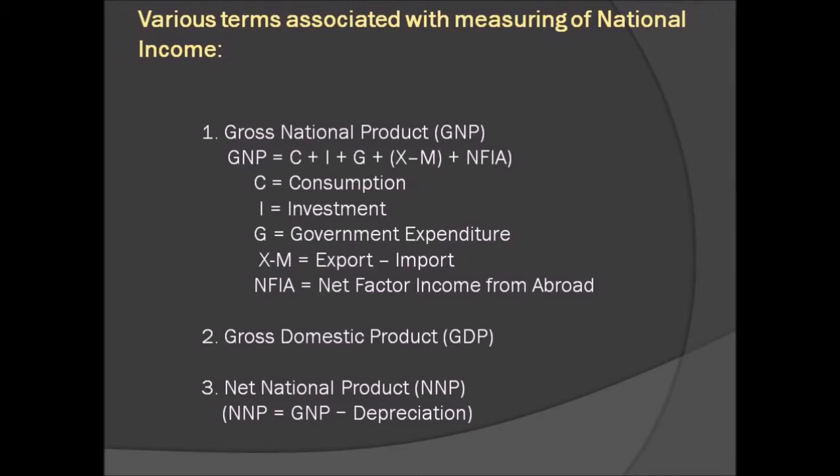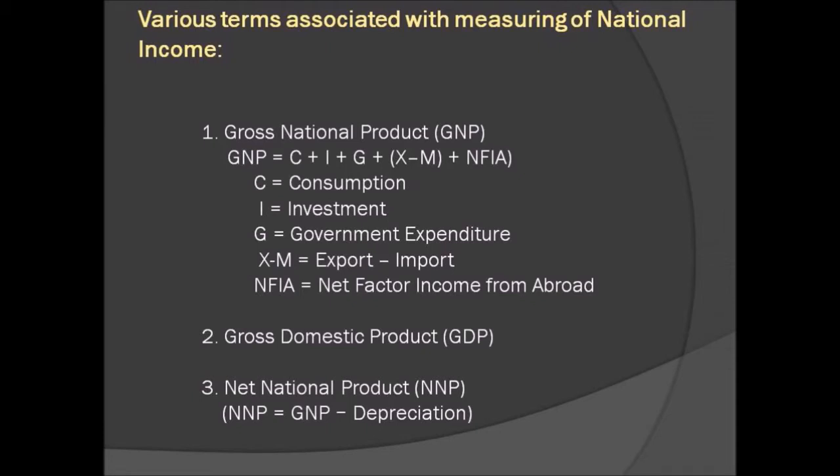The only difference is the net factor income from abroad is not included in GDP. Here the net factor income from abroad means the income earned by the citizen of the country who is present outside the country is also considered. But he must be a resident of India, that is a citizen of India.